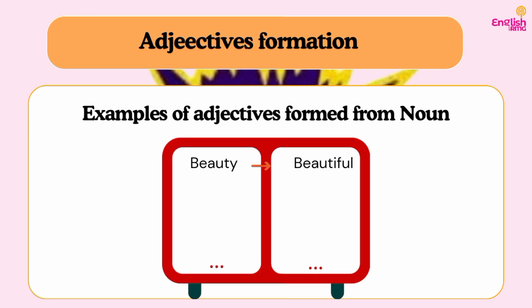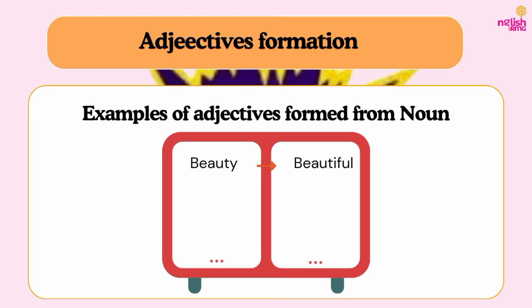We have some adjectives that are formed from nouns. So we have beautiful from beauty. You could have beauty is astonishing as a noun, and as an adjective, you could say she is astonishingly beautiful. Do you understand? By adding the suffix ful to beauty, we could form an adjective.